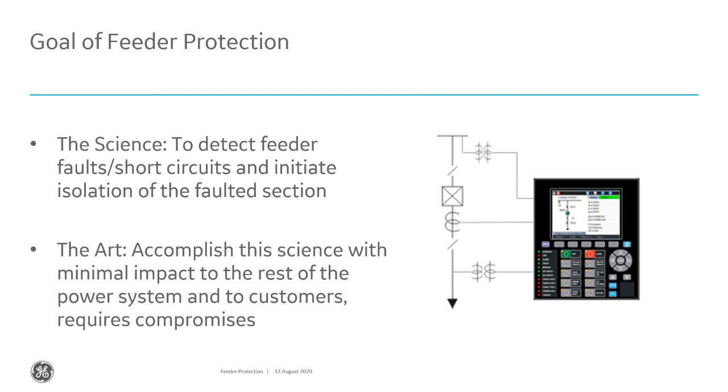So you need to look at what is most important to your process, and make those decisions. And sometimes it does come with compromises to be able to reliably set those relays so that the impacts are minimal to the power system and to your customers.